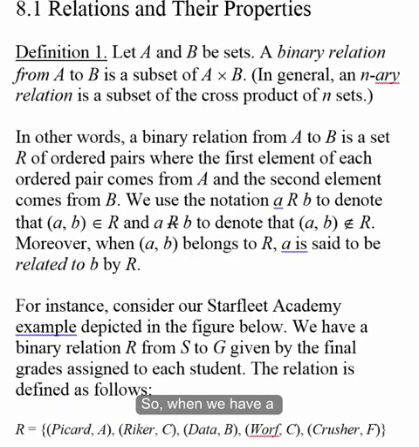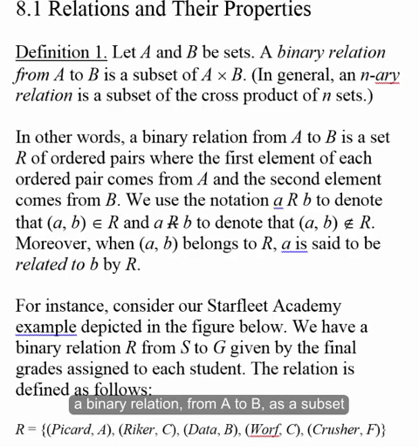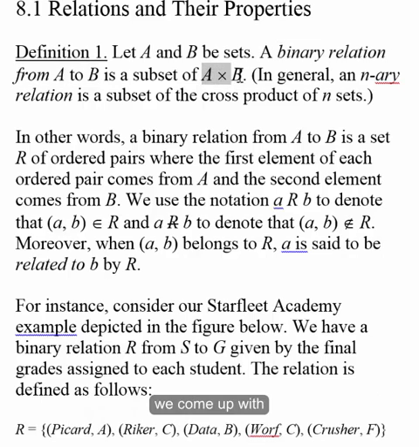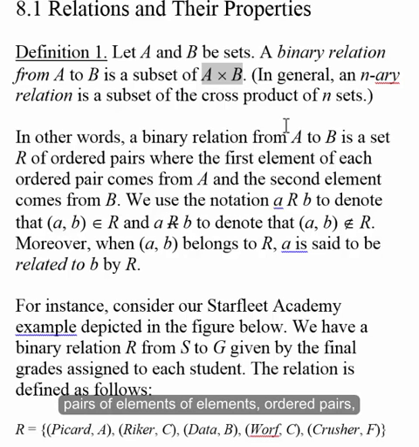So when we have two sets, A and B, we have a binary relation from A to B as a subset of the cross product between the two. Remember that with cross products, we come up with pairs of elements, ordered pairs.